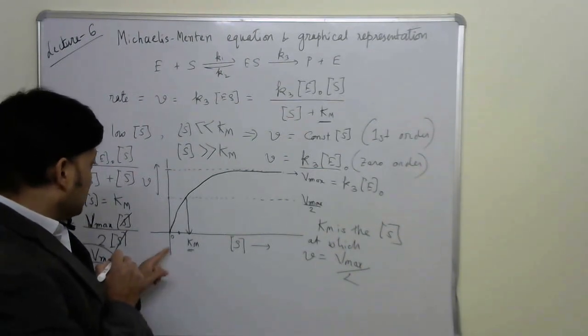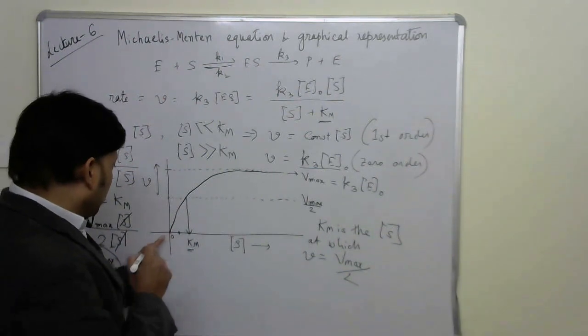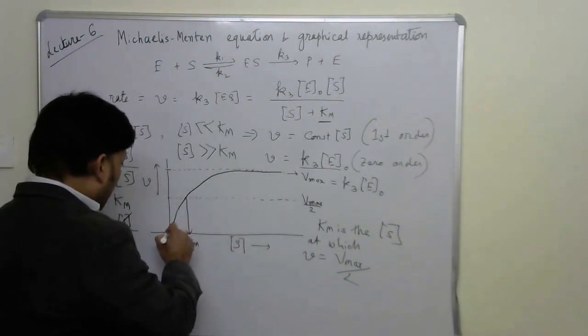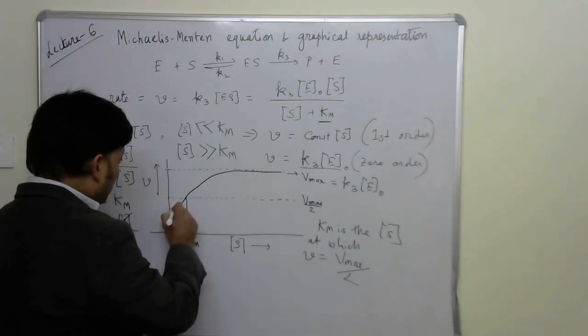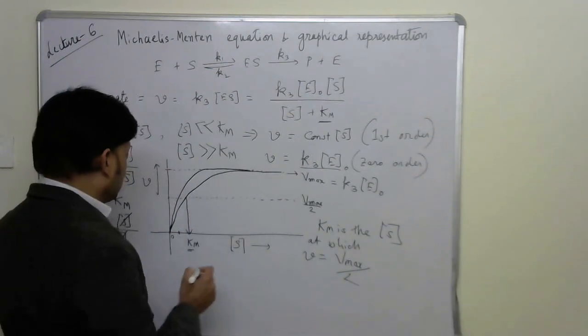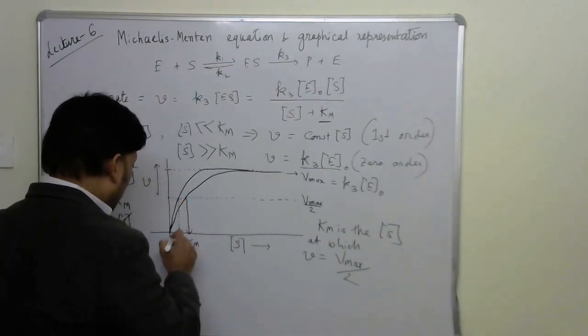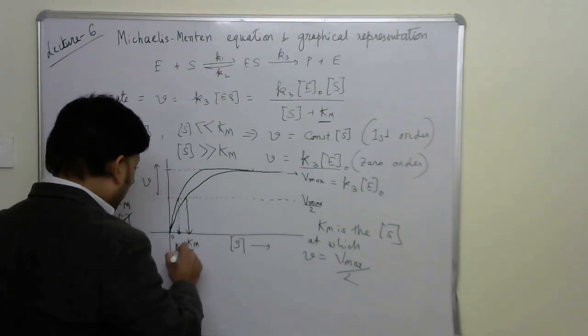So that means, if I want to draw the graph over here, we have to draw the graph something like this. Yes, so this is my new Km, and I can call it Km prime.